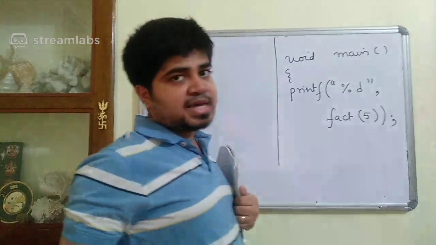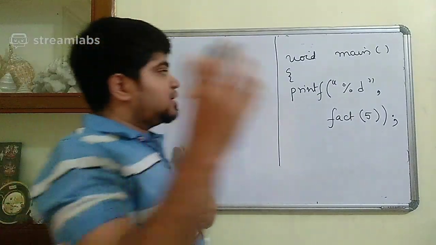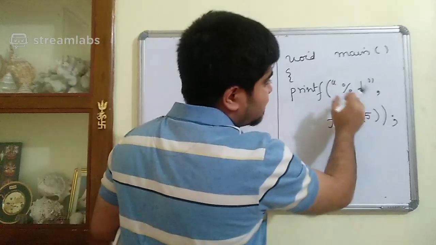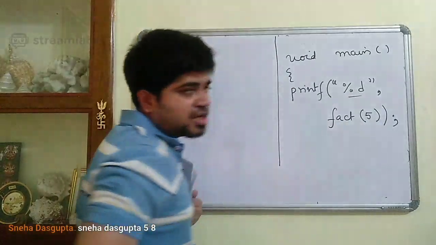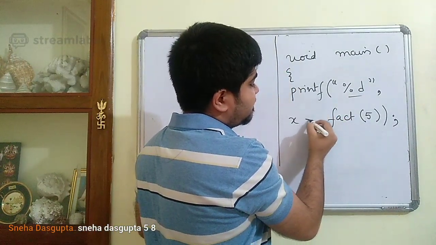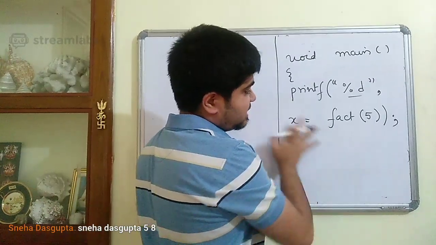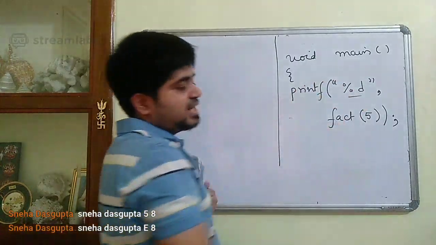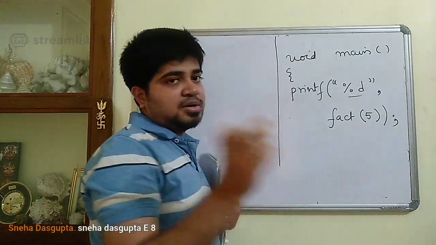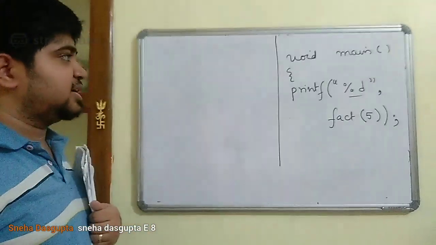right? Simple as that. So whatever you are calling this fact, something will be returned here, and what thing will be returned here? It is mentioned, mod d. Mod d is nothing but integer. You can take this into a separate variable also, and you can print x, but over here I am doing it directly, just to reduce the amount of time invested in this tutorial.